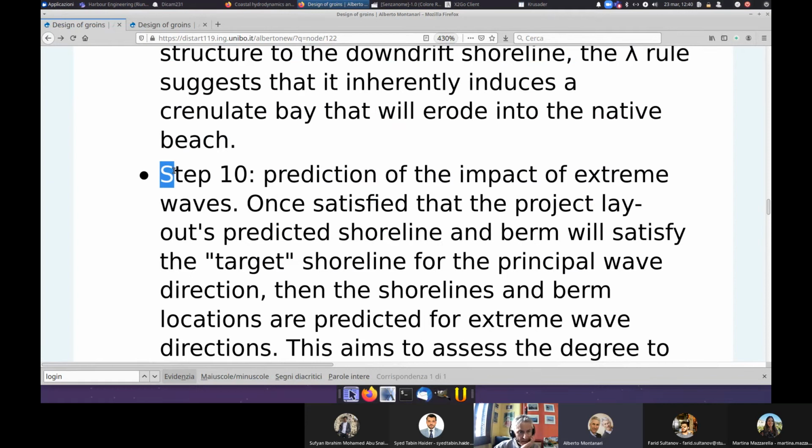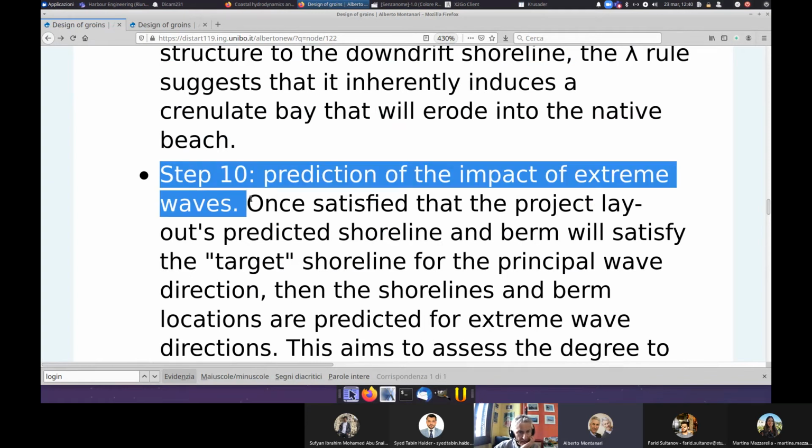Now that we have displaced our groin, we have to predict the impact of extreme waves. And this is extremely important. Keep it in mind: we are designing the groins with respect to dominant wave behaviors. Dominant doesn't mean extreme.